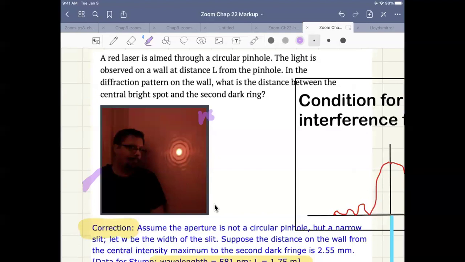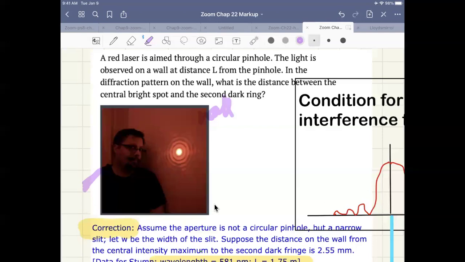Here's the wall, which is like a screen. The laser light goes onto the wall, but it went through this little pinhole here. And so here will be the constructive and destructive interferences for waves that diffracted through the pinhole.